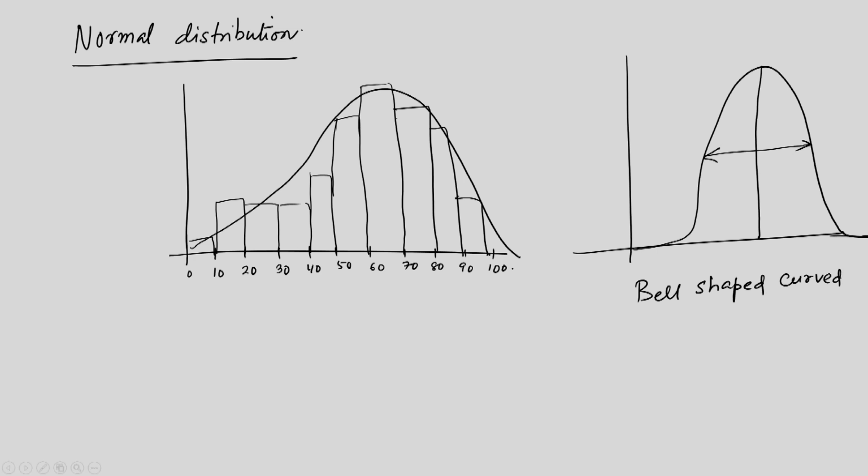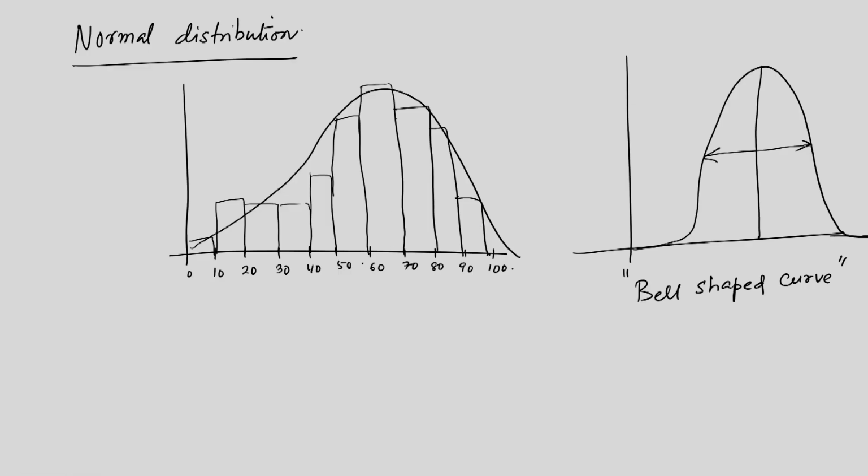One would be termed a very good teacher if it is really a sharp bell, because the average is quite high and most of the students have gotten values near the average, and there are very few people who have got very low values, or almost none.